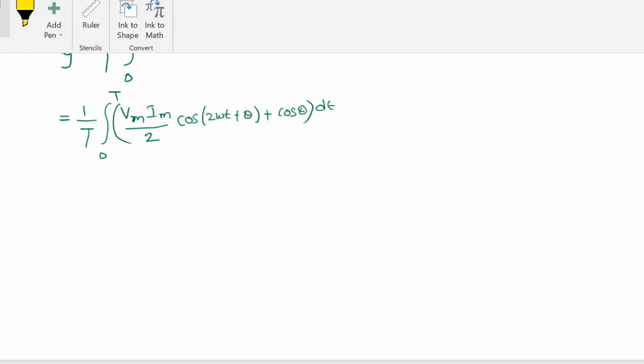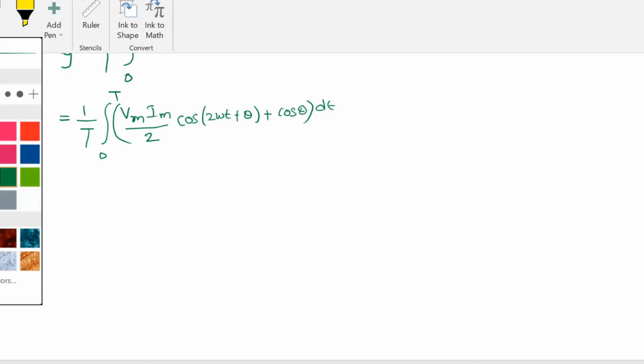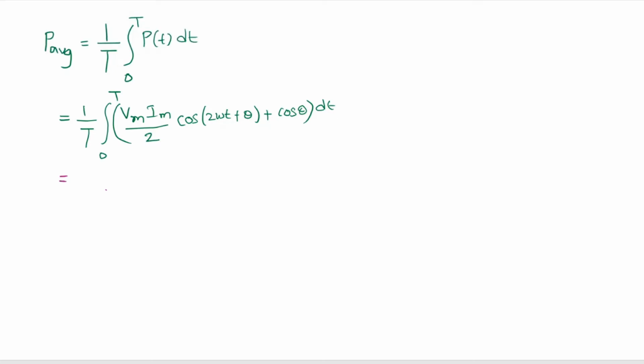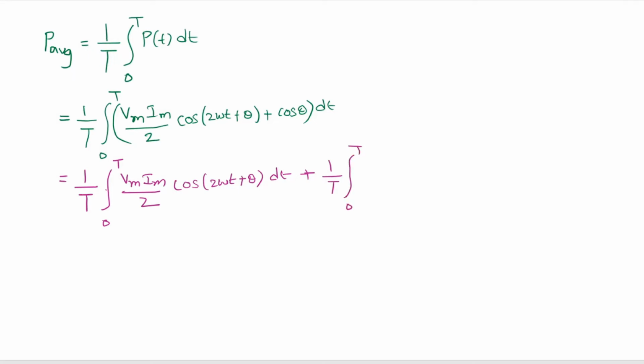So this I can write as 1 by T integral 0 to T, Vm Im by 2 cos 2 omega t plus theta dt, plus 1 by T integral 0 to T, cos theta dt into Vm Im by 2.